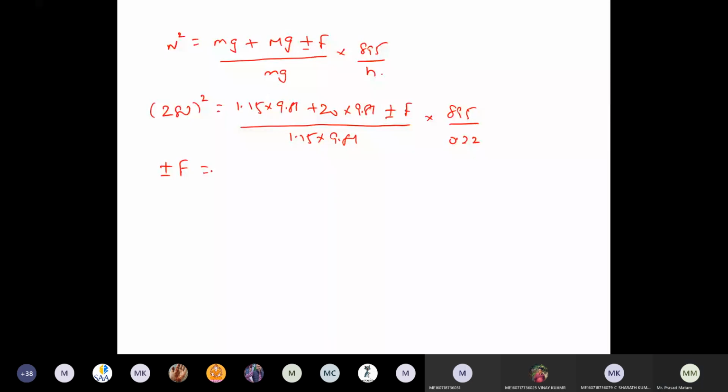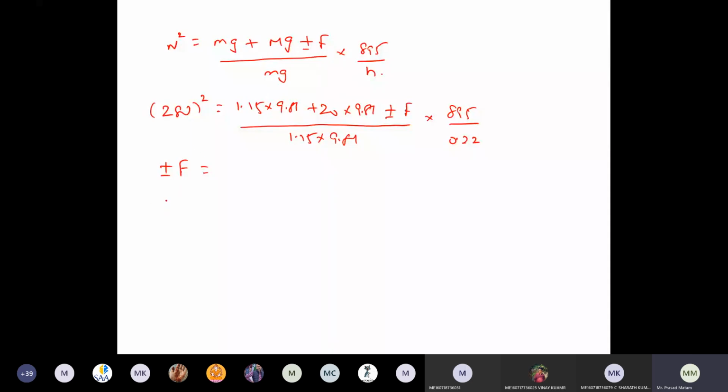Find the F value. If you know the F value, we can go further. So solve the F value and give me the answer here.